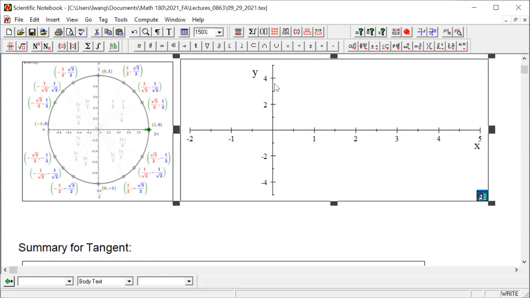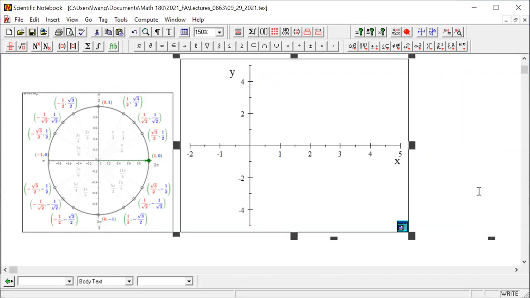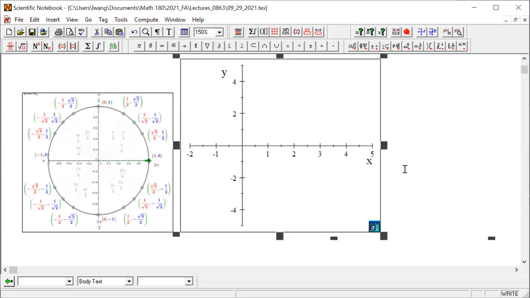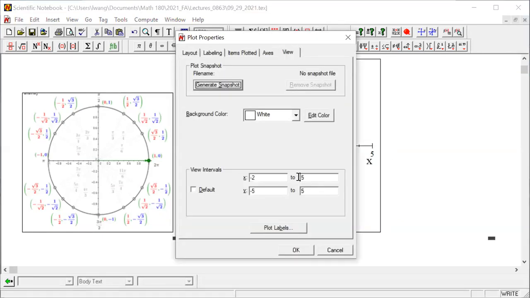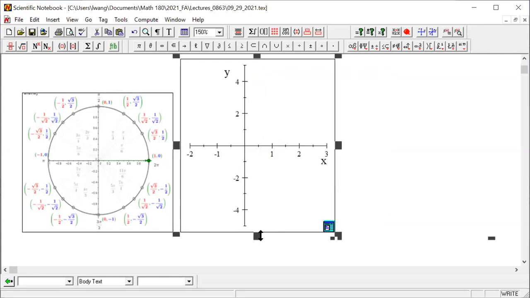The scale is a little bit off because you can see this is 2, that's 1. So I'm going to make this a little bit closer. Never mind, let me do this. Make it 3. How about that? So we're going to look at a part of a picture.